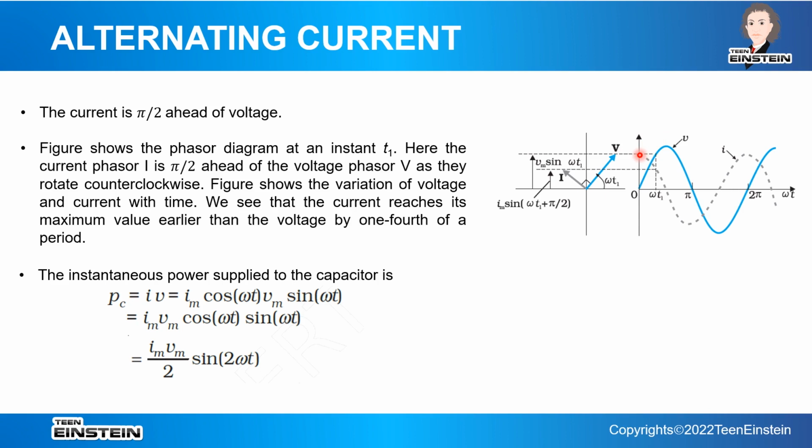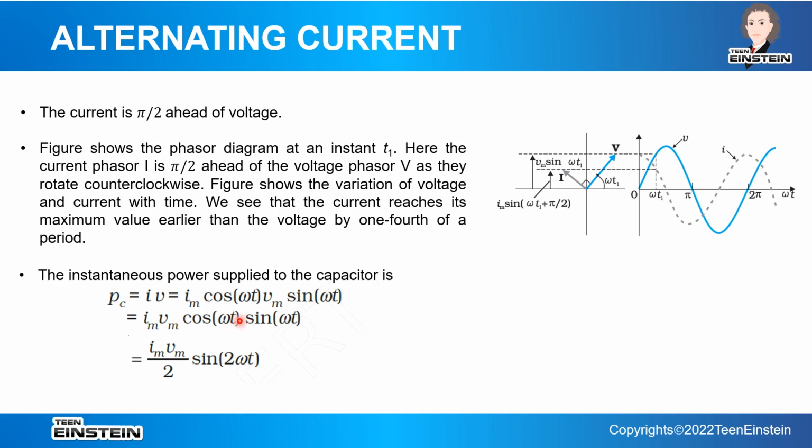Now let's look at the power. What is power? Power equal to I multiplied by V. The instantaneous power, since it's a capacitor circuit, will be Pc equal to I into V. I is nothing but Im cos omega t and V is nothing but Vm sin omega t.